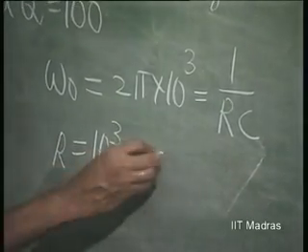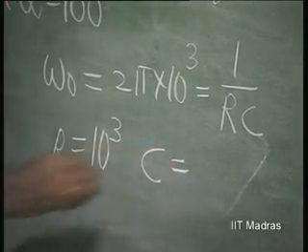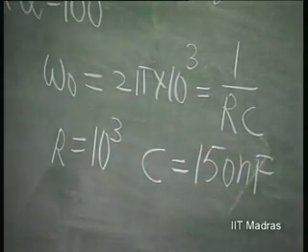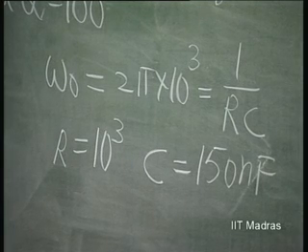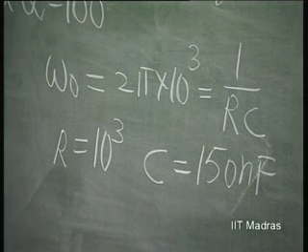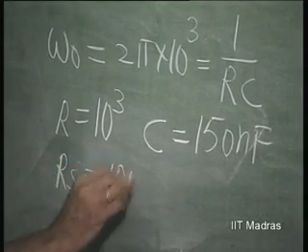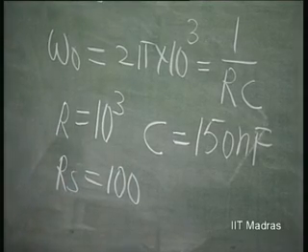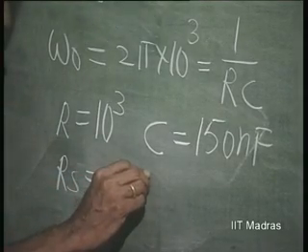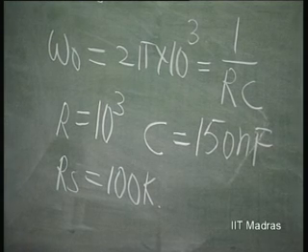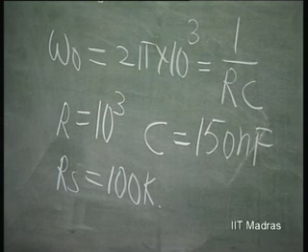Then C will be larger, 150 nanofarads. Right? Earlier it was 50 nanofarads, now 150 nanofarads. Then RS has to be 100 times 1 kilo ohm, 100 K. So that finishes the design of the band pass filter.